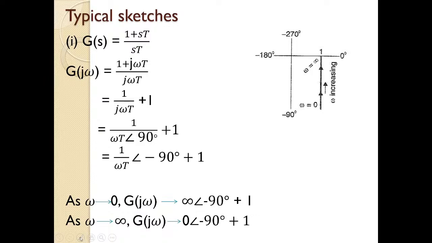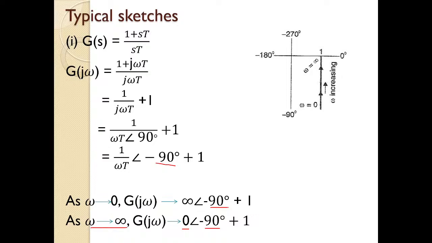Now substitute omega equal to infinity. Then in your magnitude term you will get 0, and the angle you will get is minus 90, it is constant, so it will remain constant. See, the angle is the same for omega equal to 0 and omega equal to infinity.